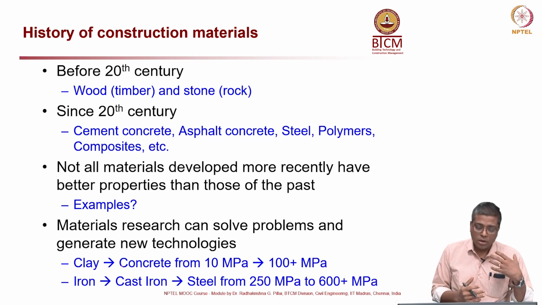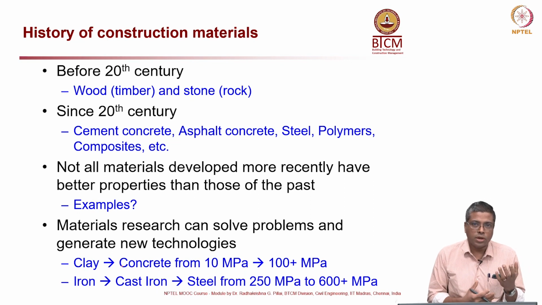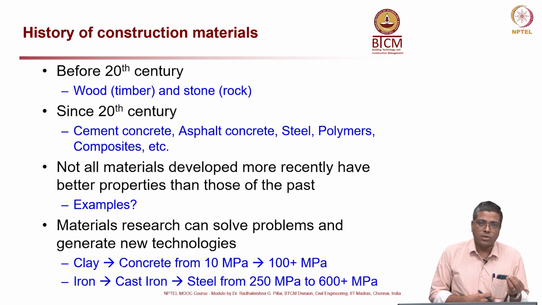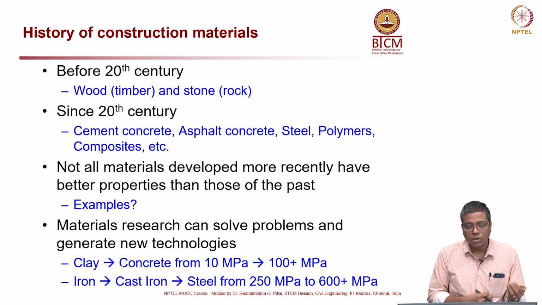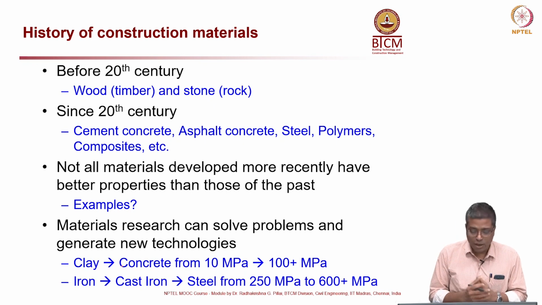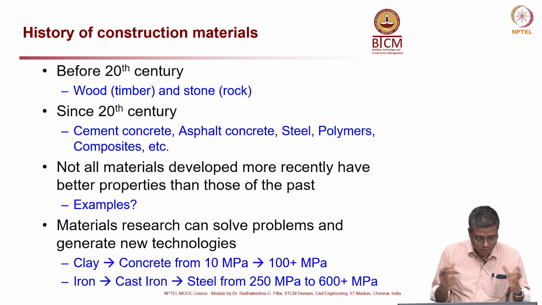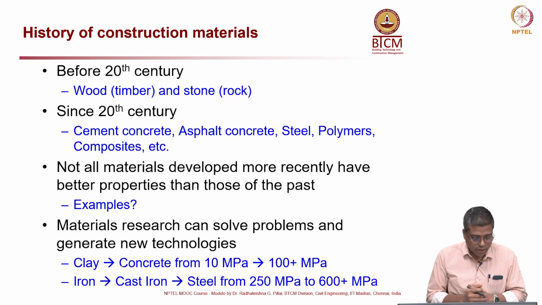For example, a few decades ago, if you think about concrete, you would probably talk about a concrete with a strength of 10 MPa or something around that. But today when we talk about concrete, we talk about easily M30, M40, even up to M100. M here is like 100 MPa plus concrete. M is the characteristic strength. We will talk about that later.